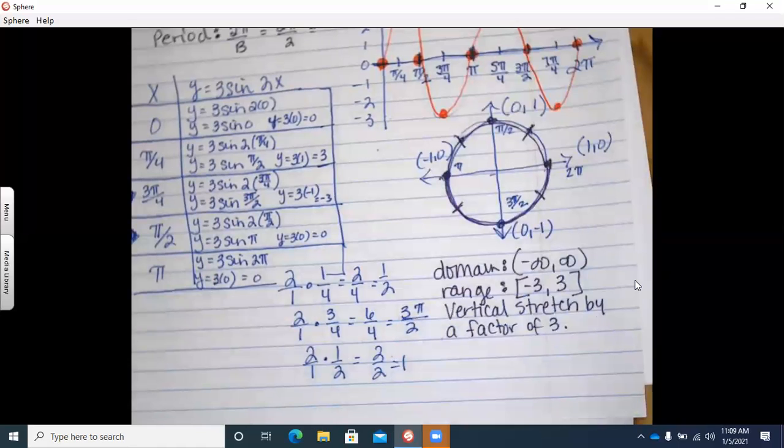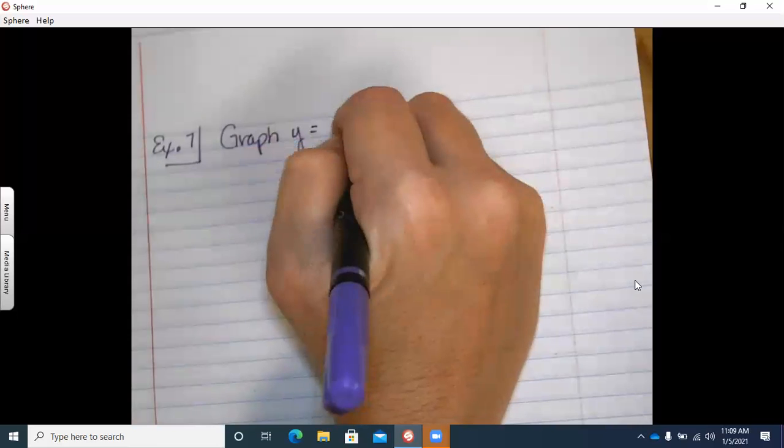All right. Example 7. Let us graph y equals 2 times the sine of 1/2 x.